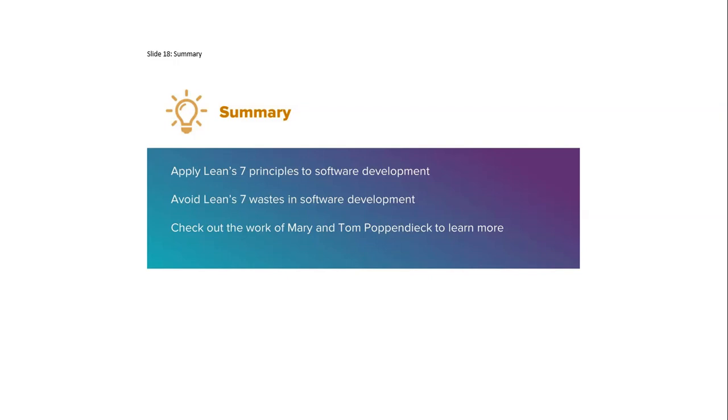I highly recommend leveraging this as you introduce DevOps and lean into your organization. These are a few points, part of your principles, as well as the wastes, that may be applicable and useful for your organization. So DevOps is one of the things which may be a part of software development.